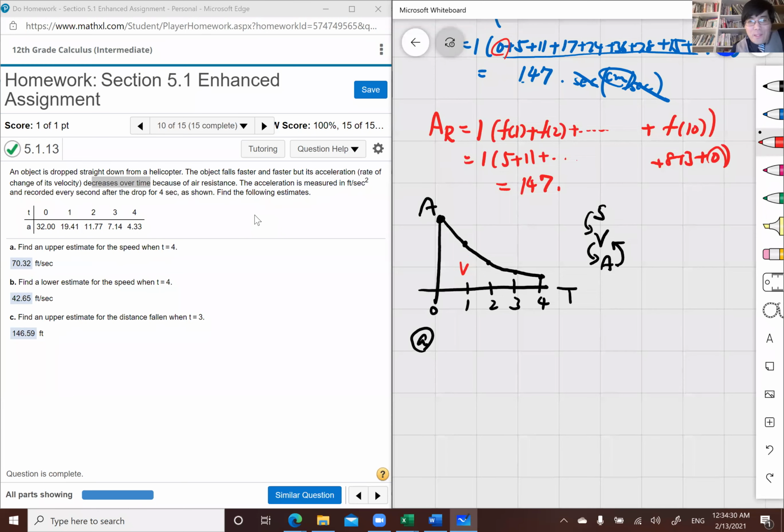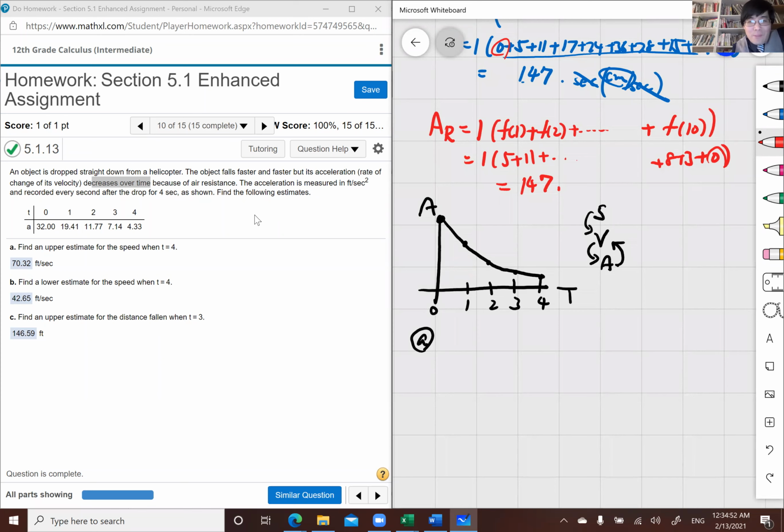Because it's asking for the velocity, we can find it by estimating the area under this curve. Now we want to find the speed when t is equal to 4, assuming at the beginning the velocity is 0.